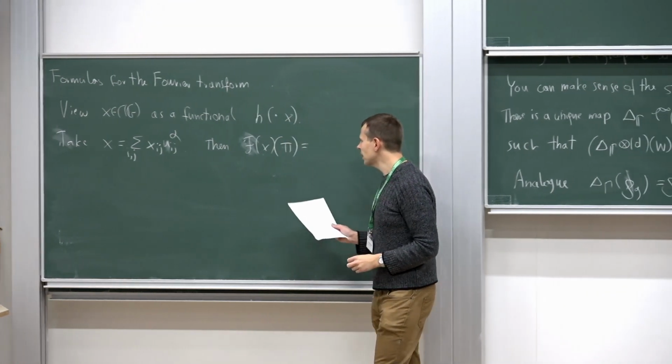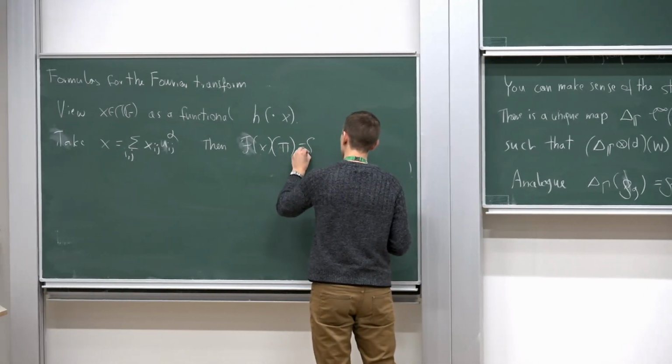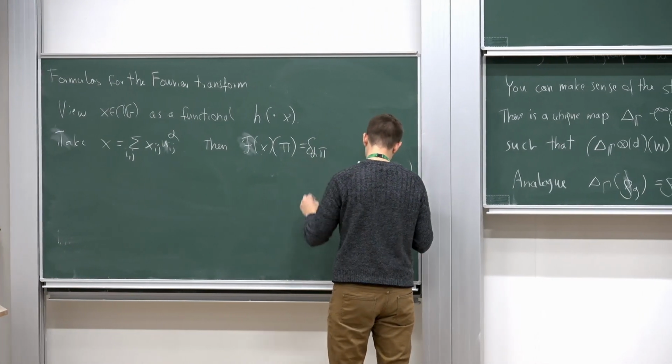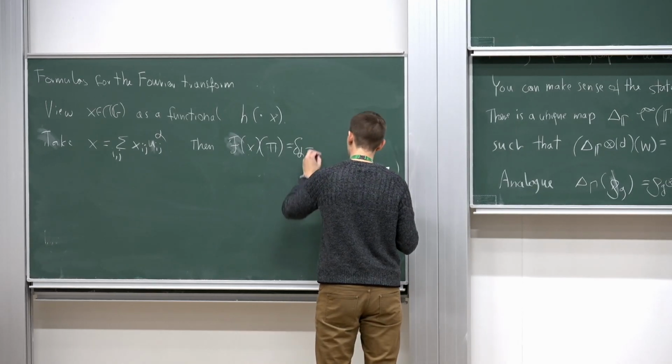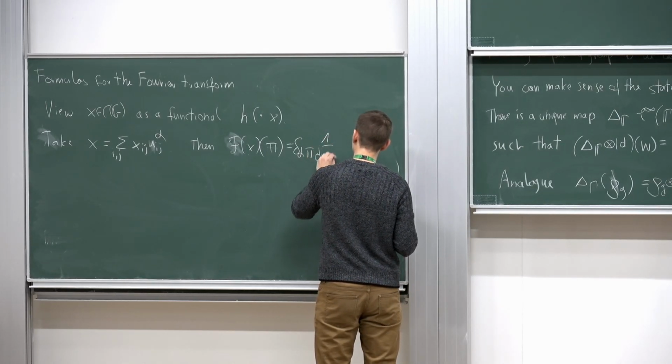So I only get something non-zero if pi is the same as alpha, equivalent to alpha. So delta alpha pi, and then the rest is you get 1 over the quantum dimension of alpha.